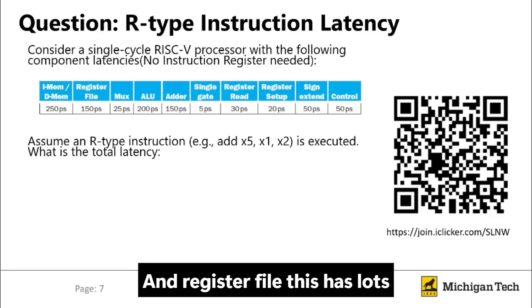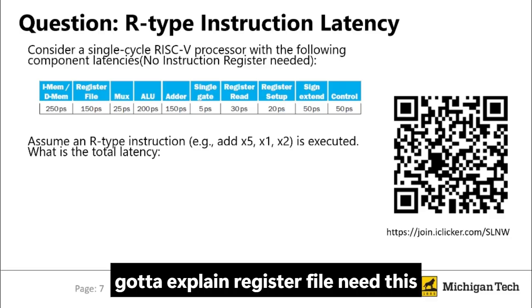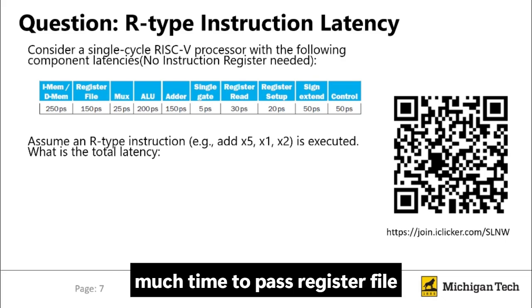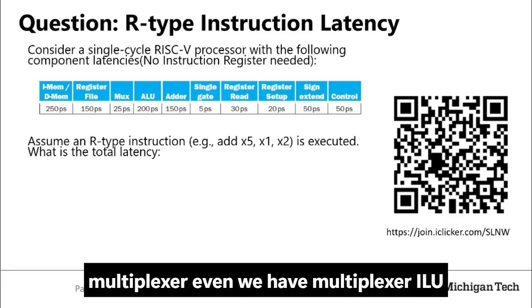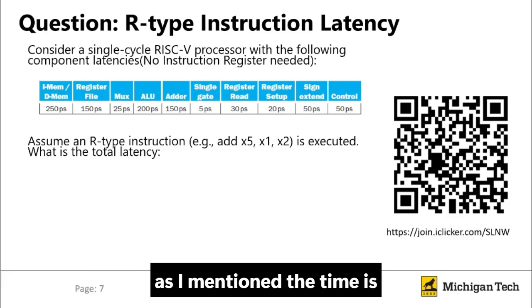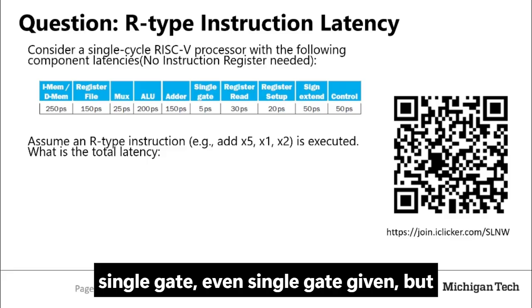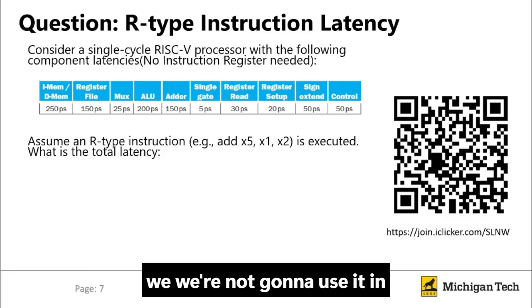And the register file, this table has lots of details I have to explain. The register file needs this much time to pass through. The multiplexer, ALU, and adder each need this much latency. Latency, as I mentioned, is the time from start to end. A single gate is also given, but we are not going to use it in this example, though maybe in another example.